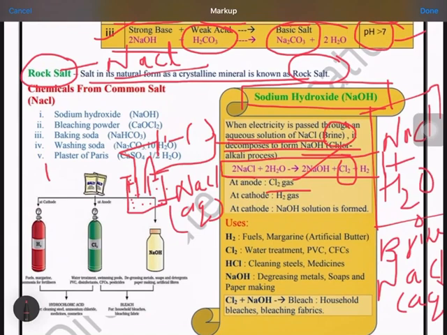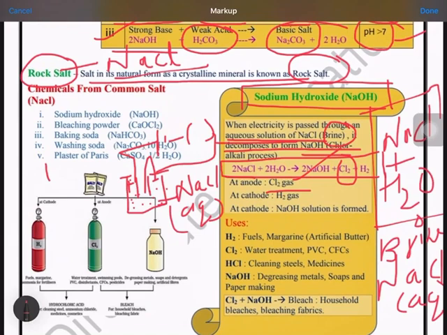So what is the chloroalkali process? The answer is in the yellow box, and you have to write from it. The chloroalkali process is the decomposition of the aqueous solution of sodium chloride.